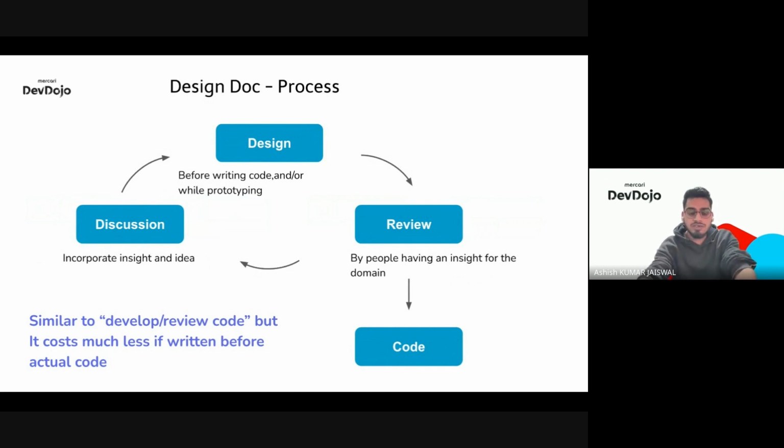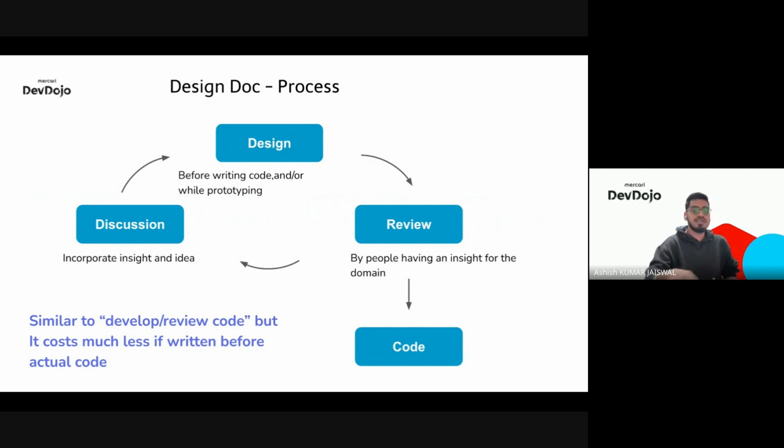Okay, so let's talk about the process of design doc. As I mentioned, the first thing is the ideation, basically discussion. We incorporate some insight and data, and based on that, we create the idea, and then we come up with the spec and design.